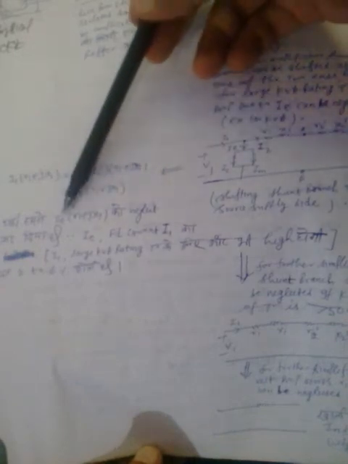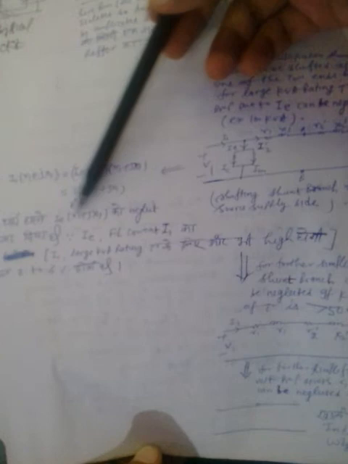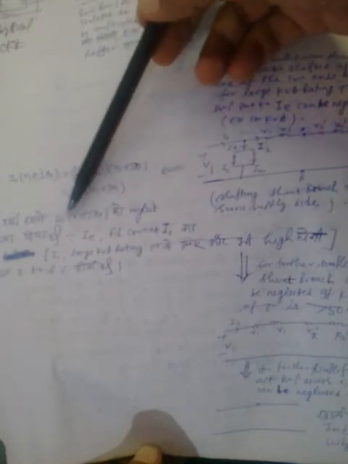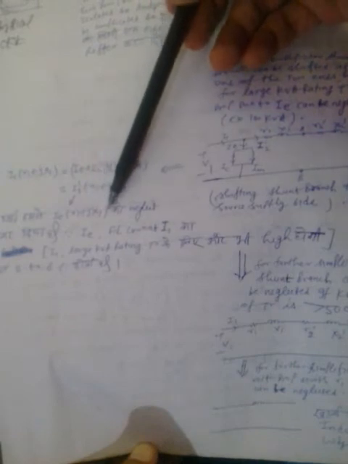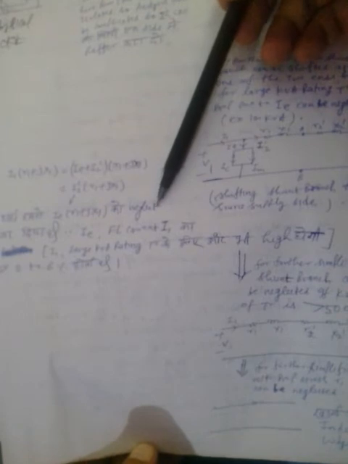Here IE times R1 plus jX1 we have neglected. After ignoring this drop due to exciting current, which is hardly 2% to 6% of the full load current, this voltage drop will be very, very small. R1 is again very small. So we can neglect this.